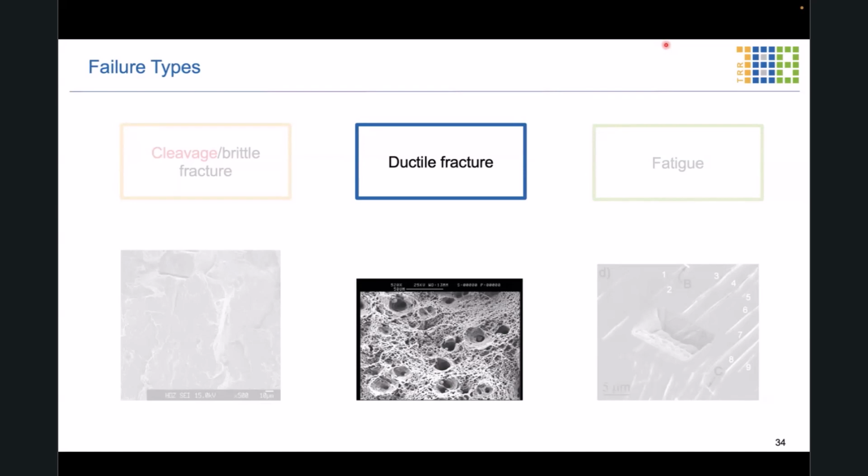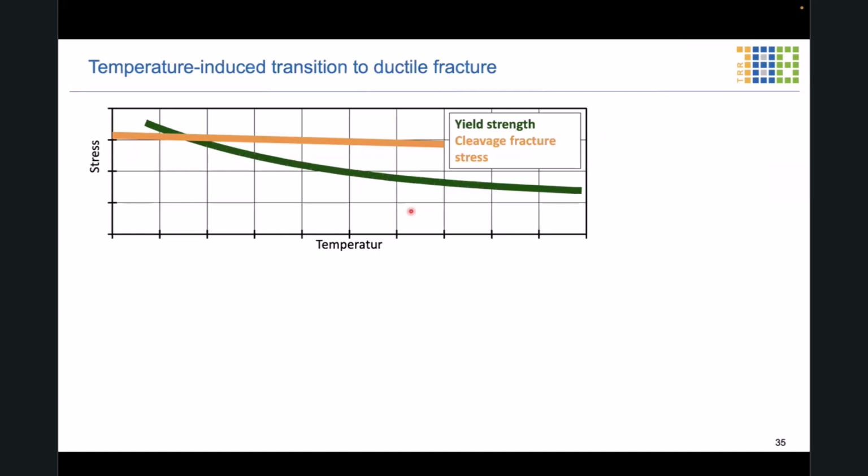And now let's look what will be the decisive case that governs which of the two mechanisms will really come into play. So let us assume that on the one hand, we've got, as it was previously indicated, the cleavage fracture stress, which is slightly temperature dependent. But on the other hand, we've also got the yield stress of the component, which shows a more pronounced temperature sensitivity.